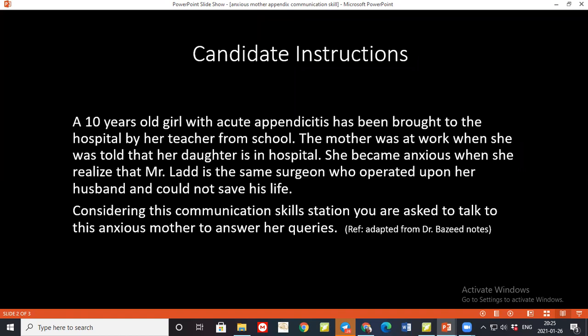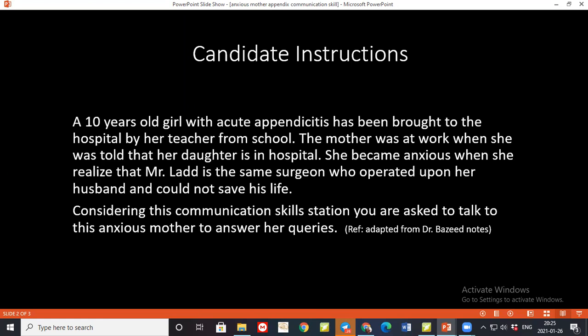However, for us to be fully sure, it is only during the operation that we can confirm it. Currently, we've tried to stabilize your daughter. We've given her some medication like antibiotics, and we've given her fluids also. Now she's about to go to the theater for operation, and Mr. Ladd is the surgeon who is going to operate on your daughter.